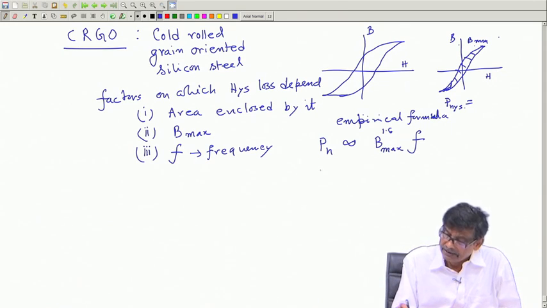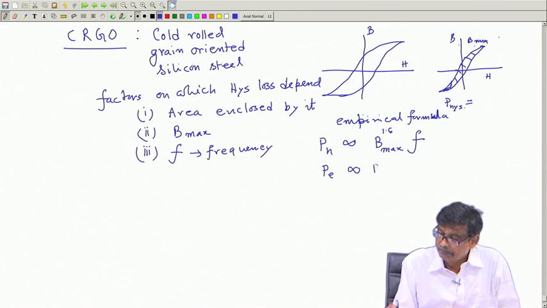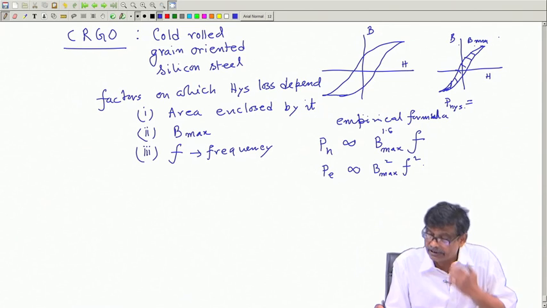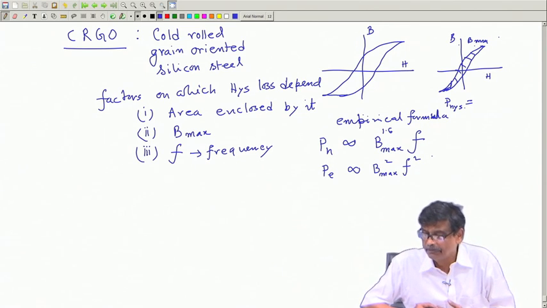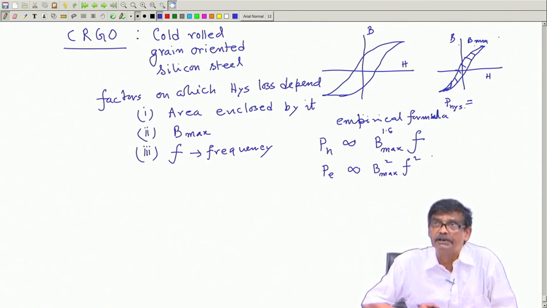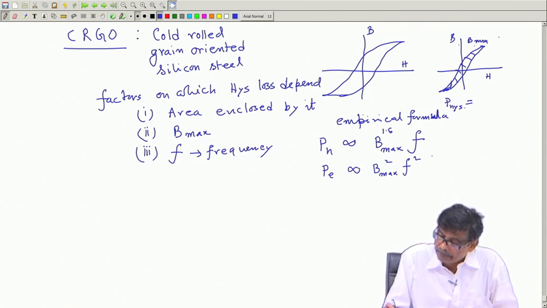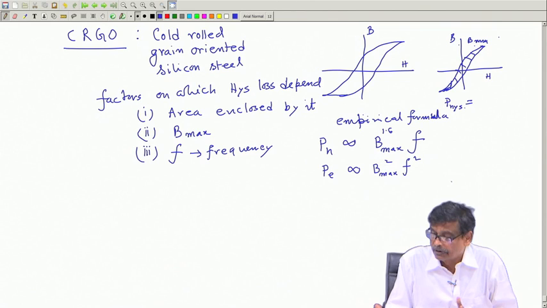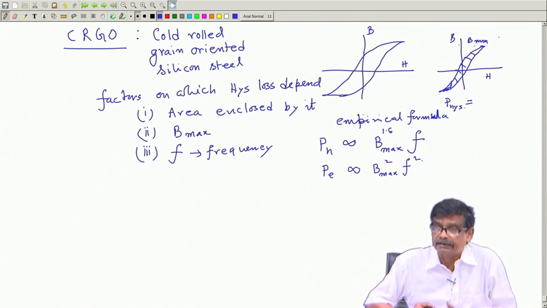Therefore, recall that eddy current loss is proportional to Bmax square, f square and thickness square. Once the plate is chosen, the thickness of which may be a fraction of millimeters, say 0.25 millimeters or so, I am showing it just proportional to. It is also proportional to plate thickness square.